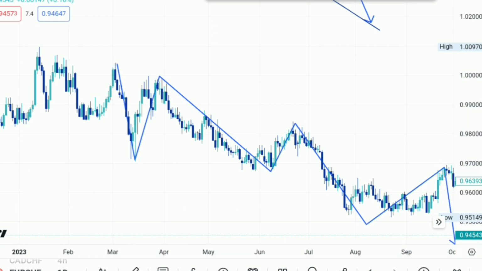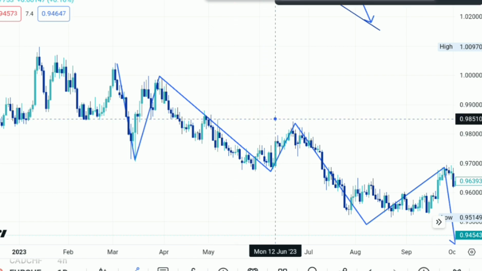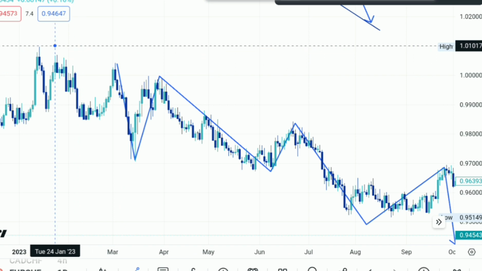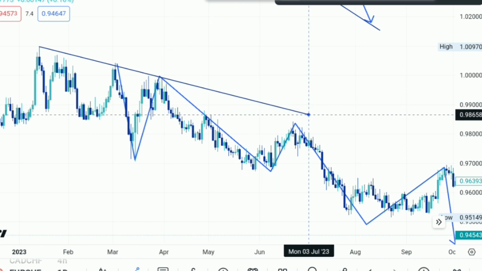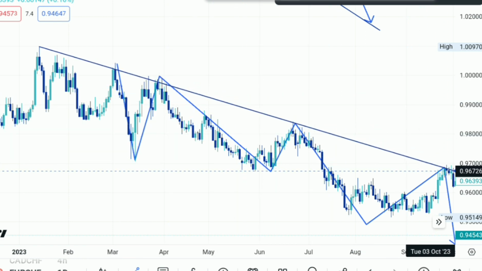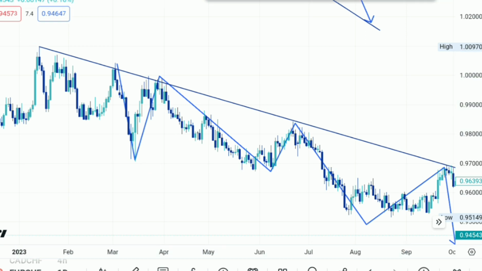So we connect all the swing highs like this. You see, we connect all the swing highs like this. If you look here, the market respects our trend. This is how we draw our trend.